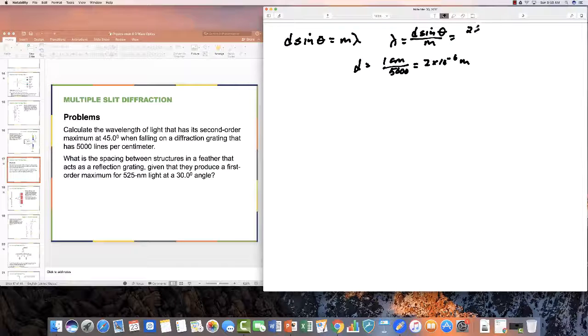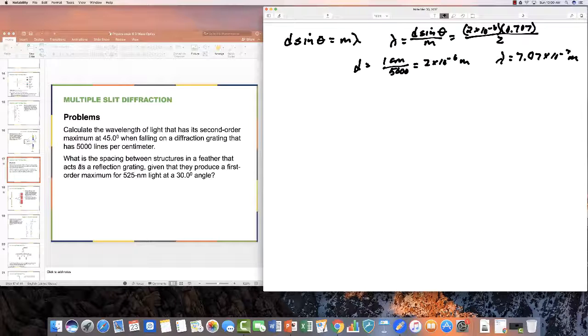So 2 times 10 to the minus 6 times the sine of 45 degrees, which is 0.707, divided by, and it's the second order, so that's 2. Lambda ends up being 7.07 times 10 to the minus 7 meters. And you can change that to other units if you want to.